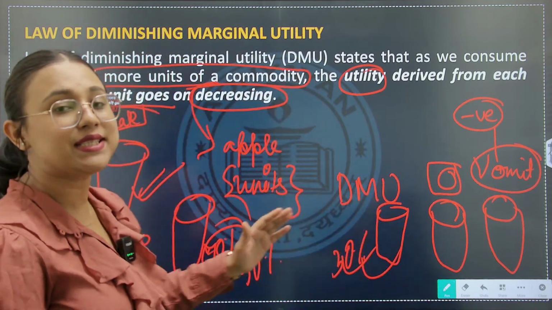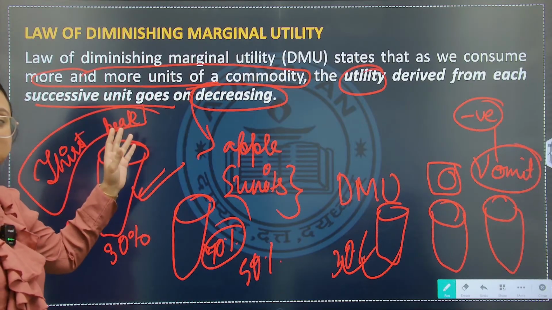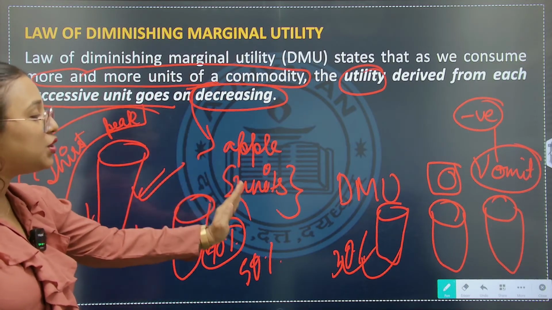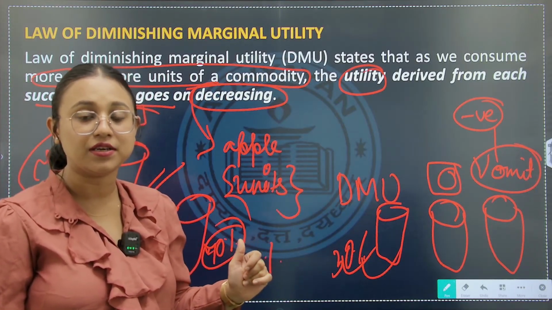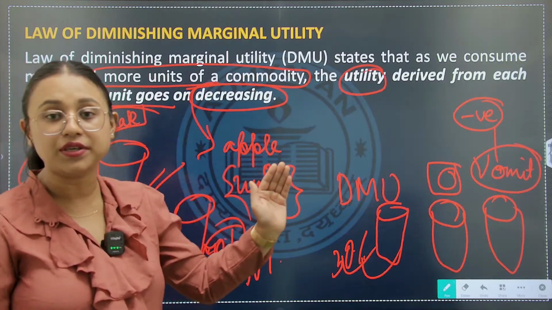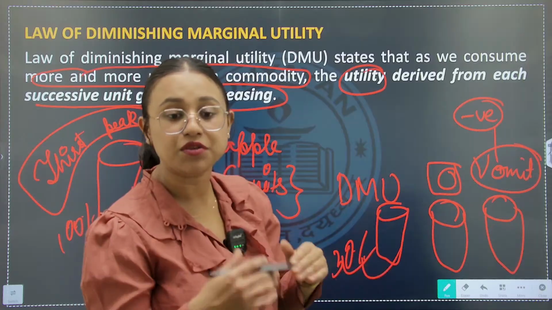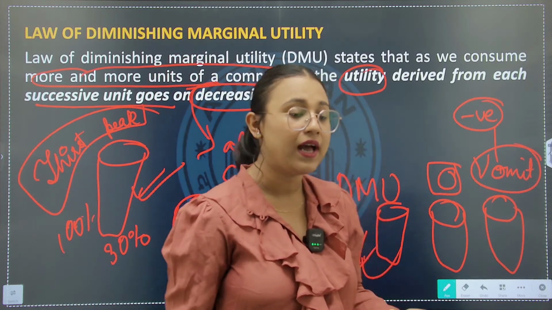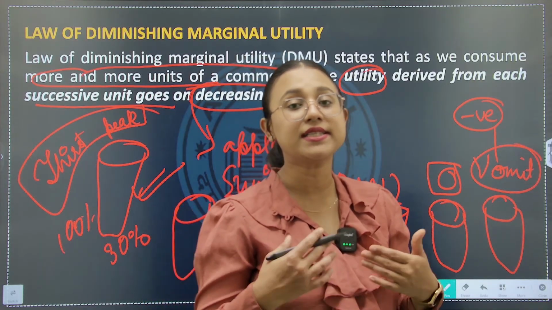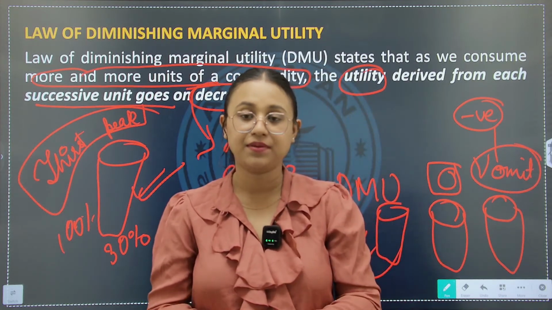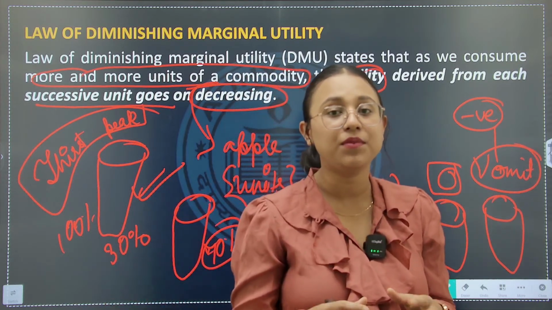So what you can see from this example is that when you drink the first glass of water you get the maximum satisfaction, and as and when you drink additional units, the satisfaction goes on decreasing. First it decreases, then at some point it becomes zero, where you receive no satisfaction, and at another point you start vomiting, which means your satisfaction becomes negative. Fine.